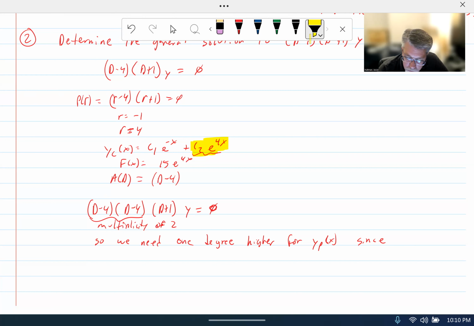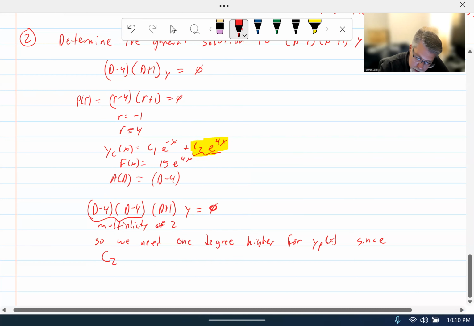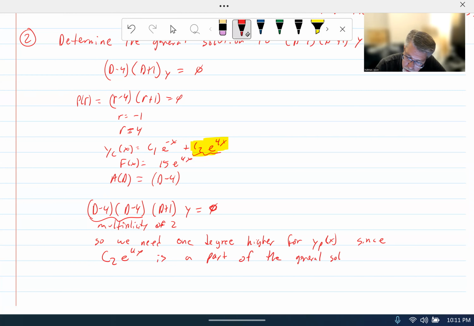We need one degree higher for y_p, since c2 e^(4x) is a part of the general homogeneous solution, or just y_c of x.